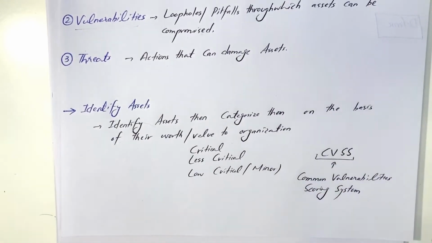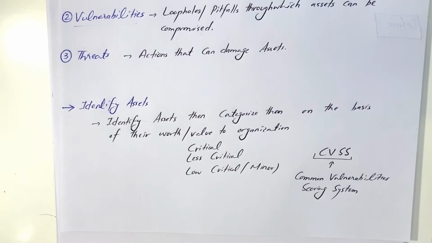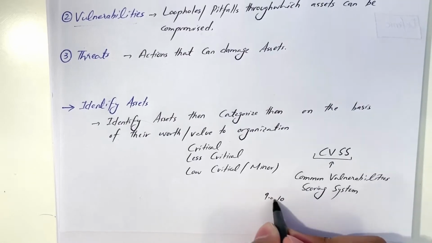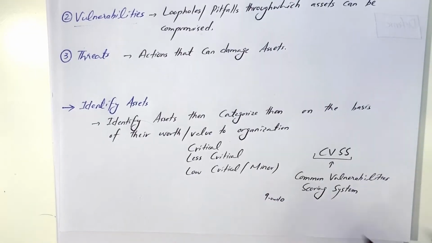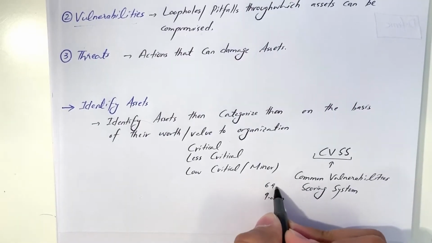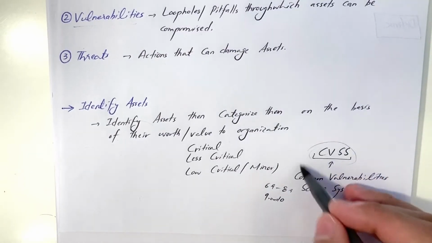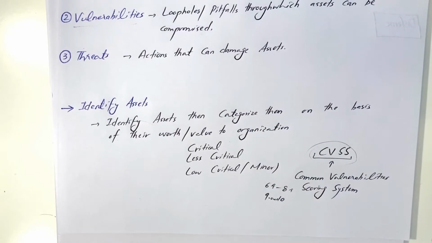For example, if there is a major vulnerability, or more risk, of course it will be from 9.0 to 10. Then we have medium risk, which could be from 6.9 to 8.9, something like that. So just look for CVSS and Google it and see what the different scores are with different parameters.